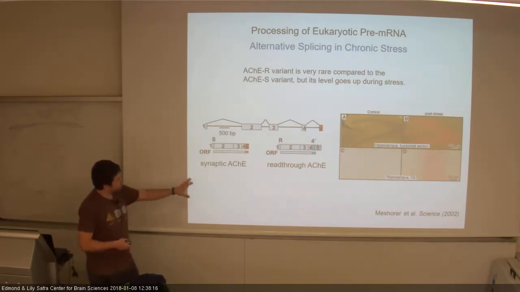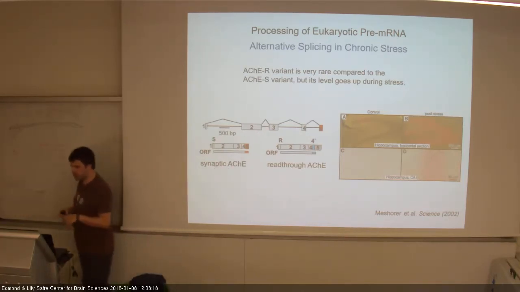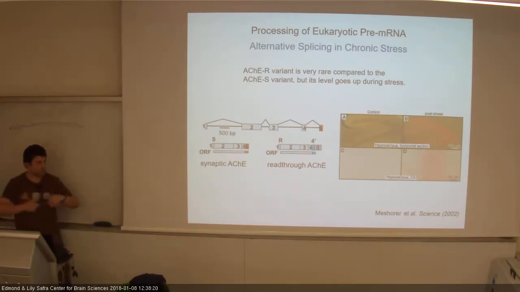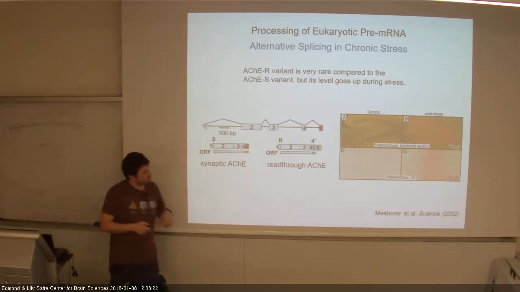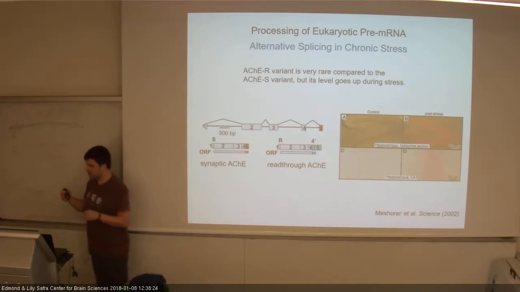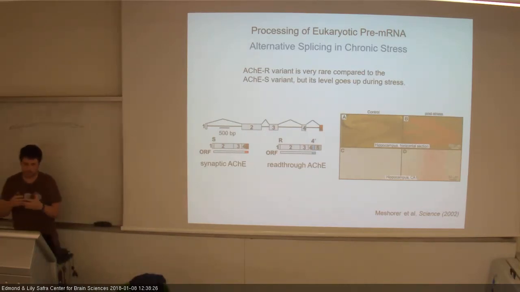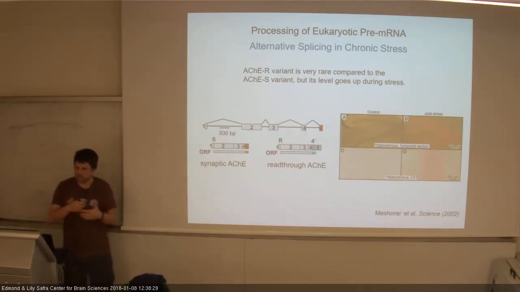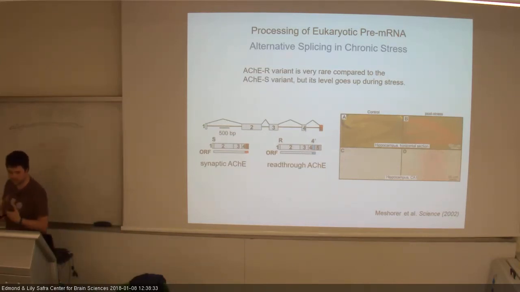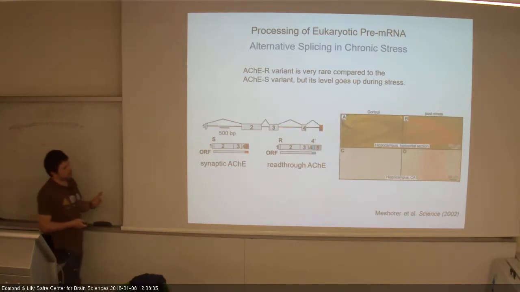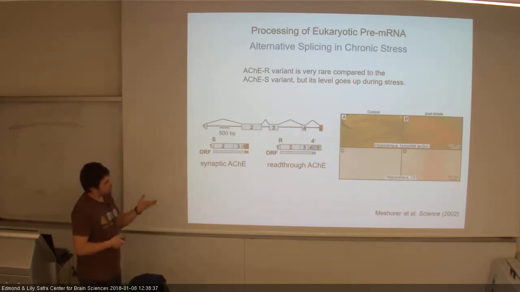In contrast to the normal synaptic ACHE that is bound to the synaptic cleft, this alternative form is not bound, is more diffused in nature, and we believe it is much less efficient in breaking down acetylcholine.